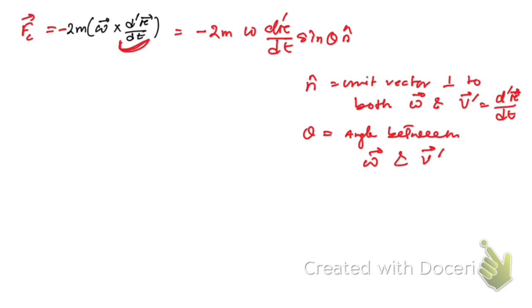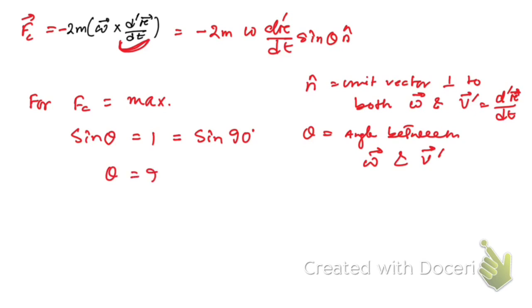So we know that the maximum value of sine is 1. For the Coriolis force to be maximum, sine theta must be equal to 1. We know that sine 90 is 1, so therefore theta must be 90 degrees.